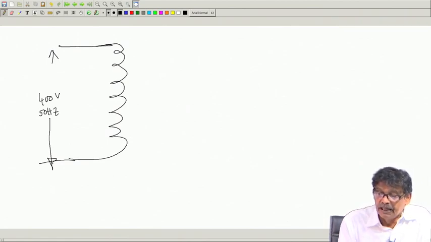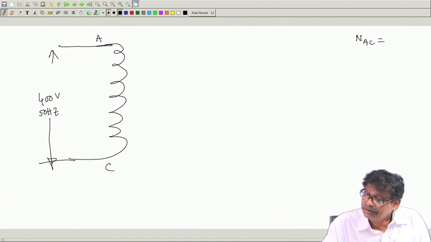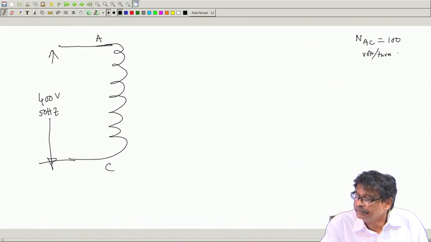And once again I say that N AC is equal to 100. Then immediately I will calculate volt per turn, which is 400 by 100, equal to 4.